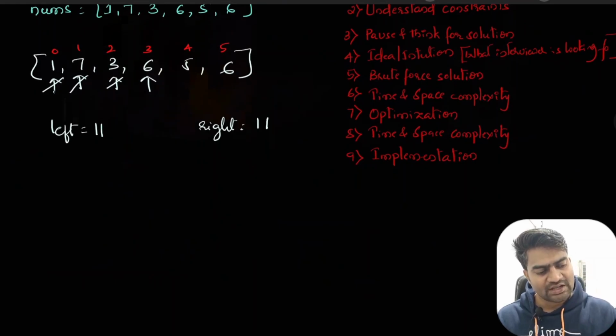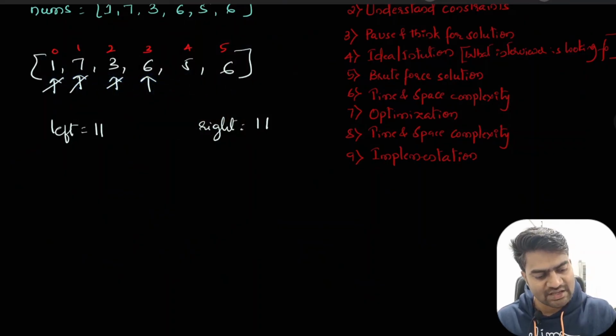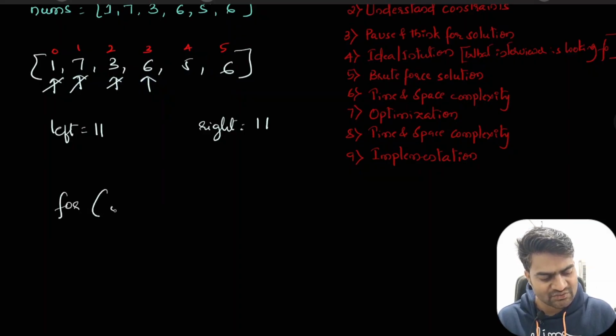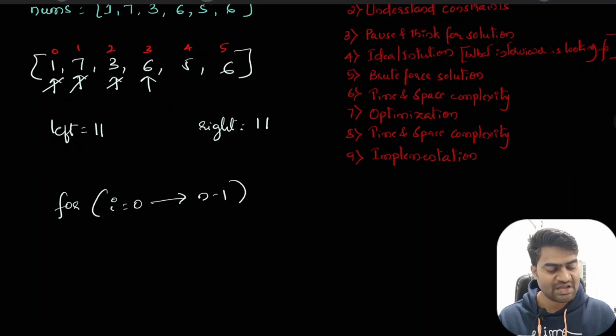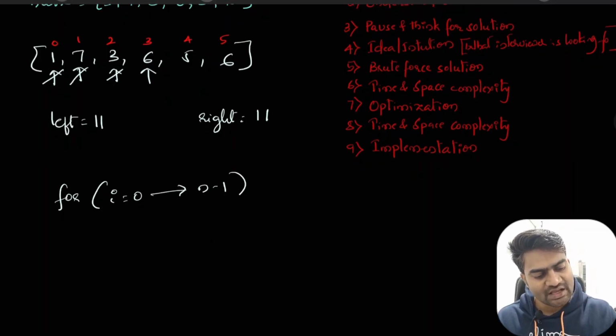So for writing the pseudocode, what we did, we took one array which iterates over each number, correct, right? So I will call that as first array. So for i equal to 0 till n minus 1, this is my first array.